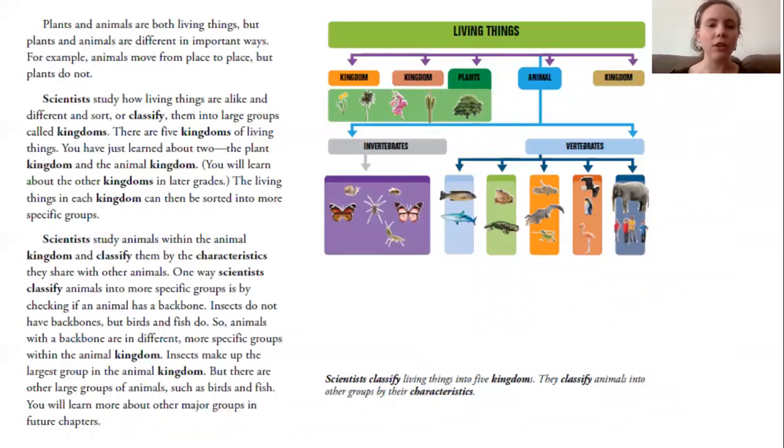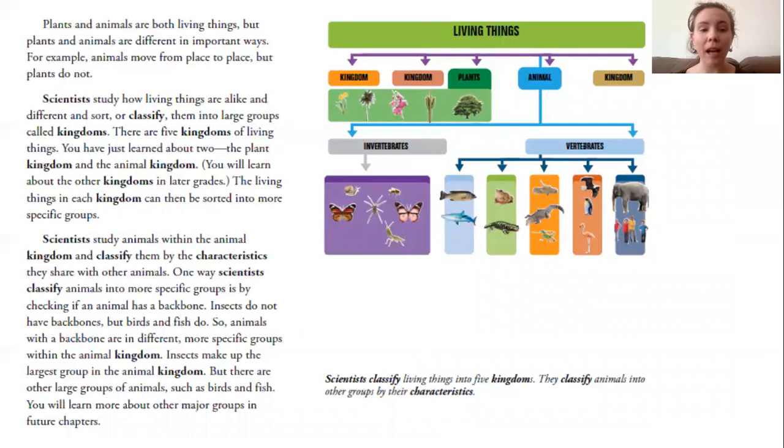The living things in each kingdom can be sorted into more specific groups. Scientists study animals within the animal kingdom and classify them by the characteristics they share with other animals. One way scientists classify animals into more specific groups is by checking if an animal has a backbone. Insects do not have backbones, but birds and fish do.